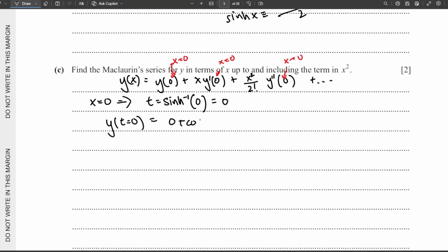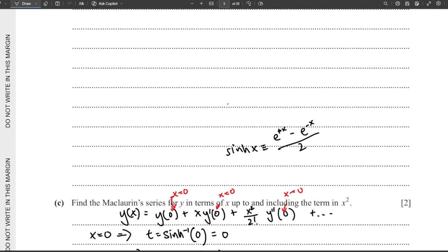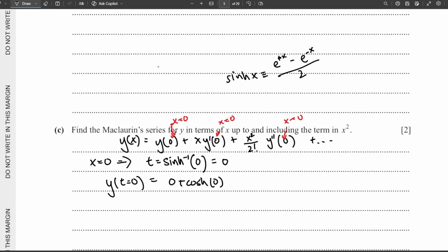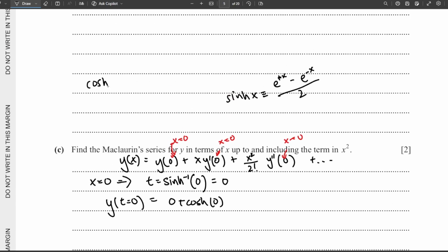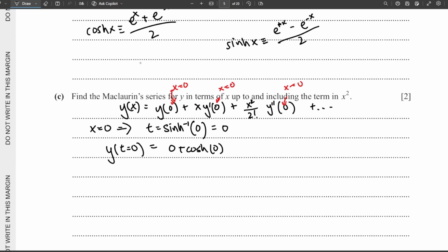Again, let's recall hyperbolic cosine: one hyperbolic sine is minus, then hyperbolic cosine is plus. So e to the 0 is 1, e to the negative 0 is also 1. So 2 divided by 2, that is 1. So y of 0 is 1.